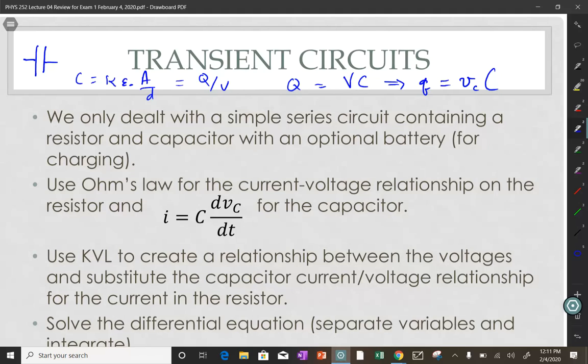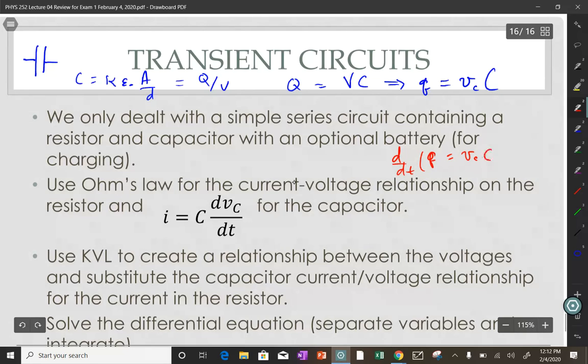So if I take that equation and I take the derivative of both sides with respect to time, so just shifting between lines, d dt. The capacitance is a physical construct. It's not changing with time, so it's a constant.